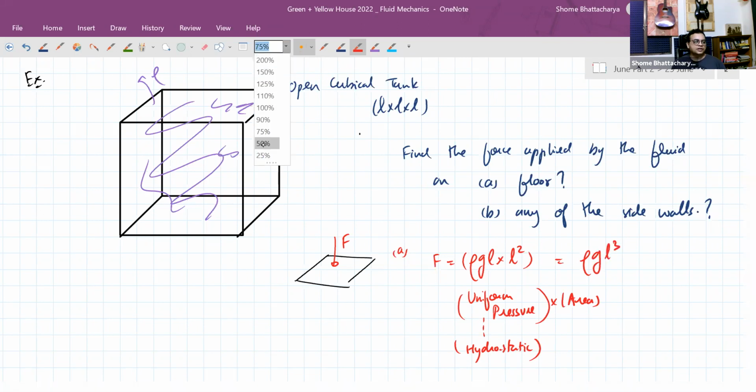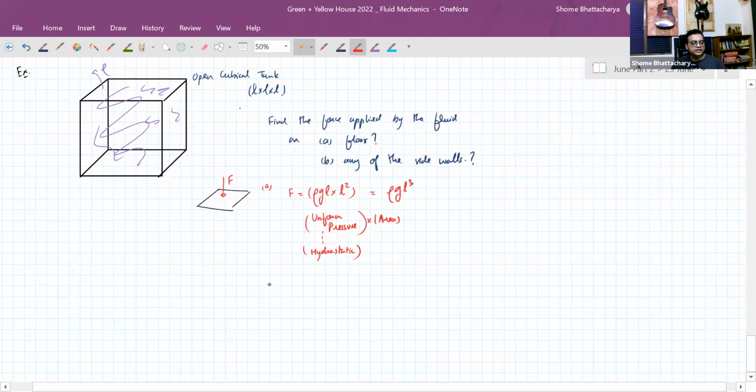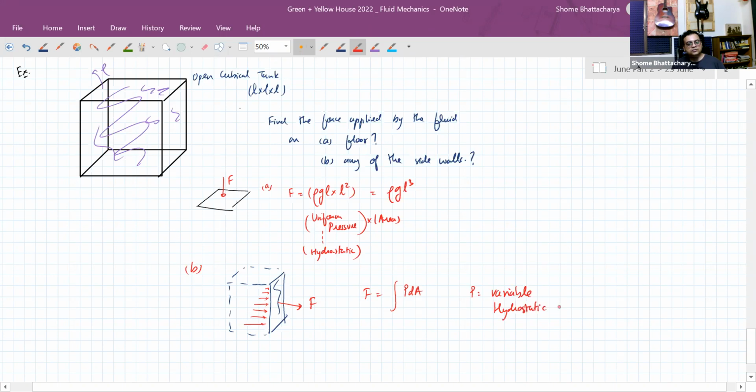But when it comes to the second part, you have to understand that on the side wall, like let's say we consider this side wall, the liquid applies a force in this sort of direction, but that is coming as a result of variable pressure. So this force has to be calculated by integrating pressure over area, because the pressure varies with depth.